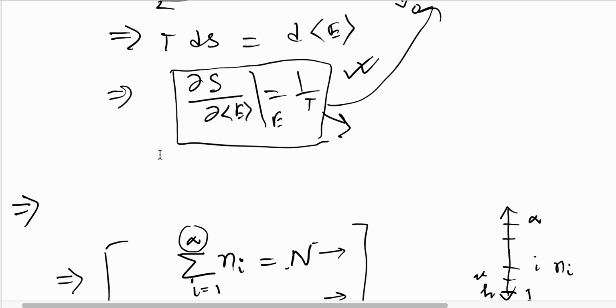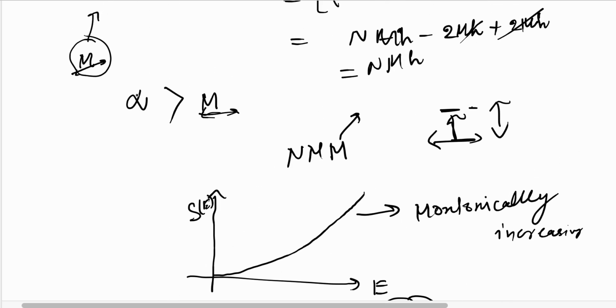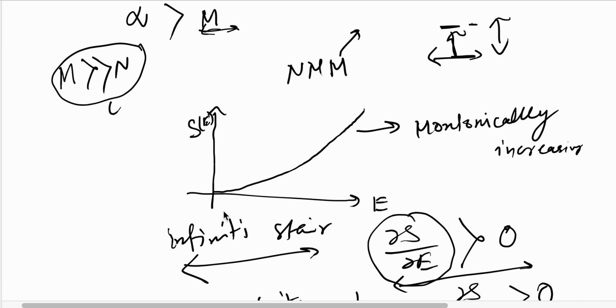Now one can say that infinity does not exist in real life. Yes, infinity does not exist in real life, but you can approximate it by saying that the total number of stairs M is much greater than N. Then there will be a higher range of energy for which the entropy is monotonically increasing and the temperature is positive, and the other energies are not physically accessible.